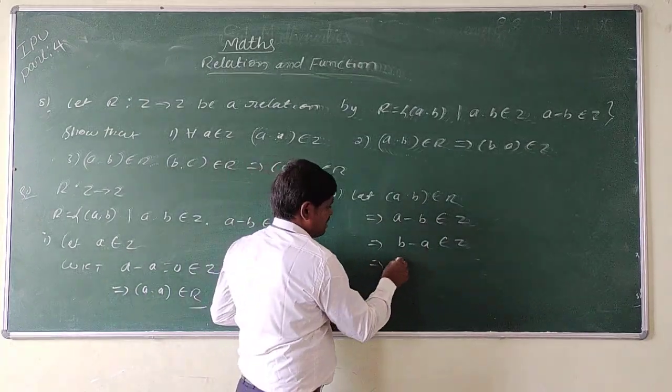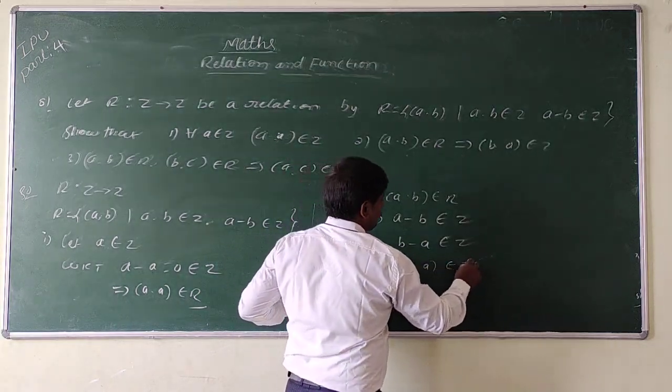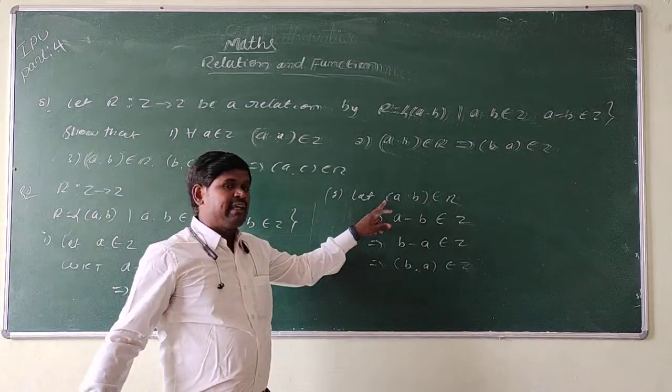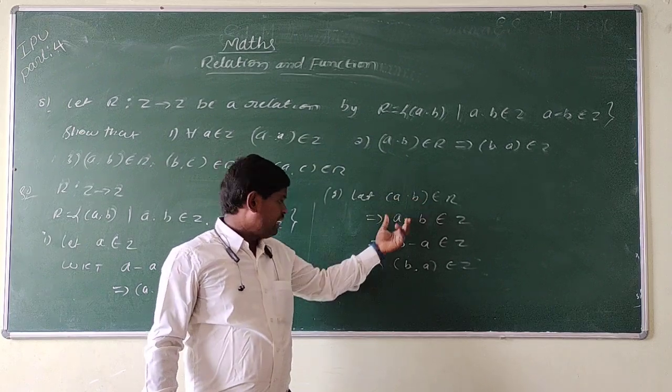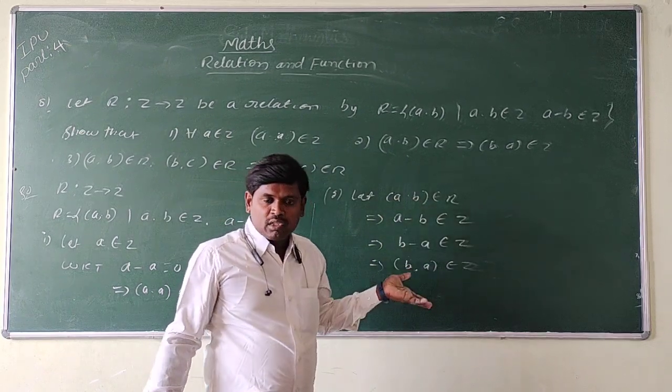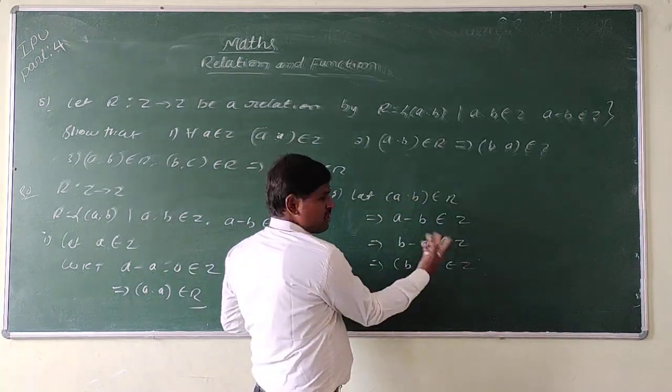So this implies (b, a) belongs to Z. I am taking (a, b) belongs to R, so it implies (b, a) belongs to R.